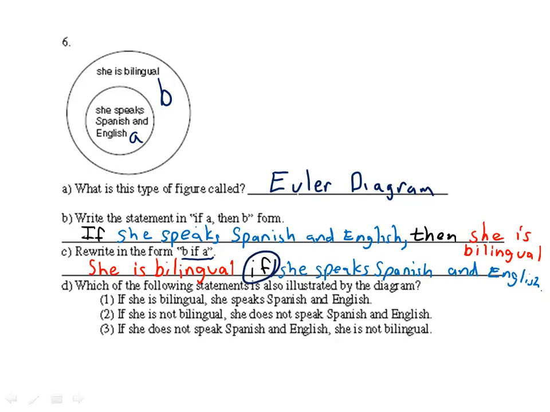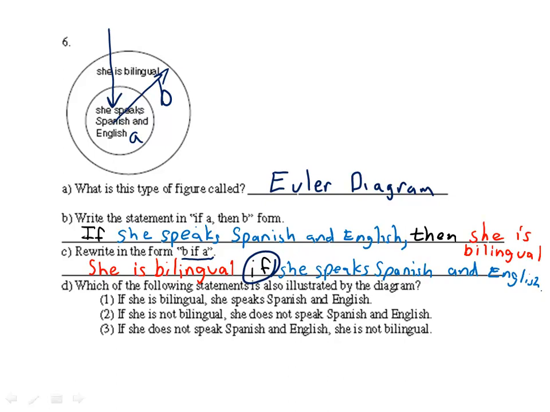Part D, which of the following statements is also illustrated by this diagram? You know that we read this from the inside out, but if we negate the hypothesis and the conclusion and read it outside in, that is also true. So which one of these three statements negates and reads it outside in? If she is not bilingual, that's outside.